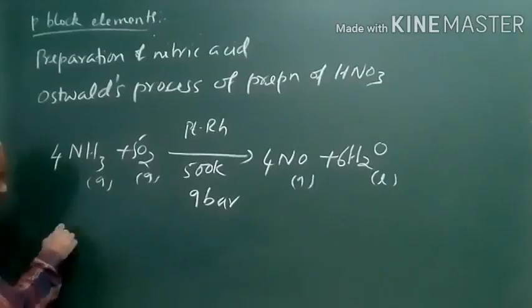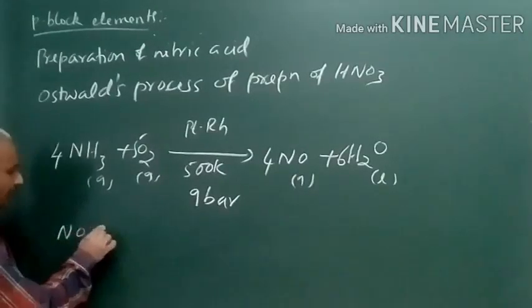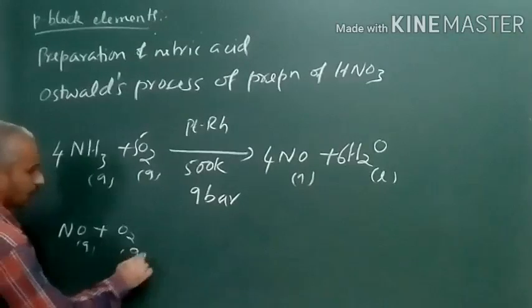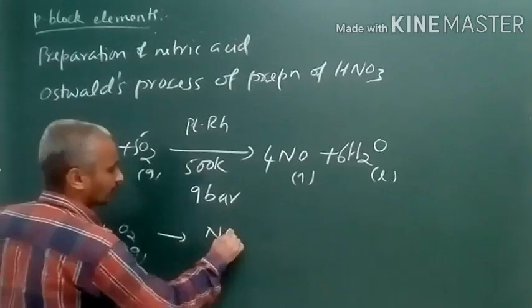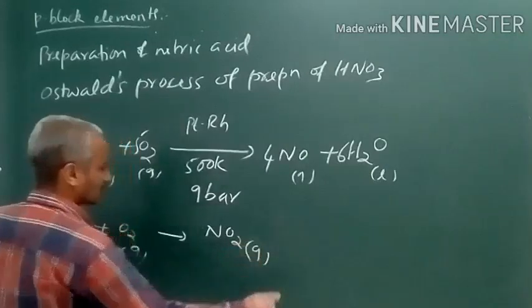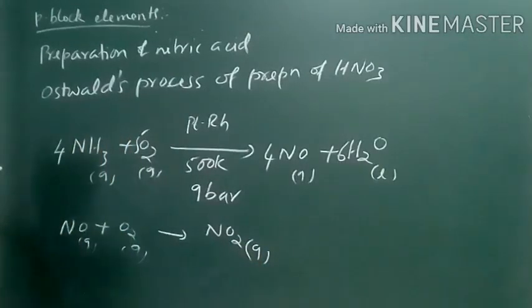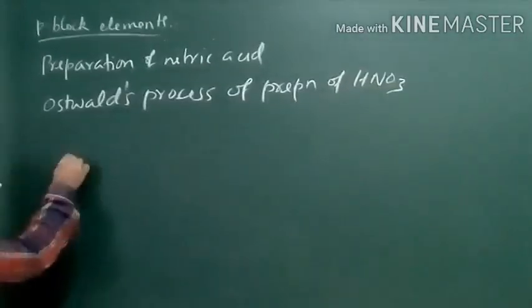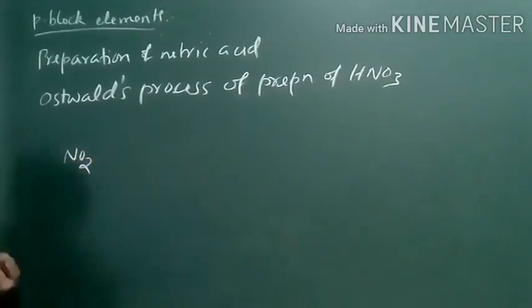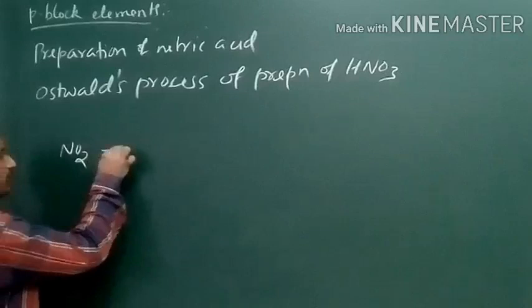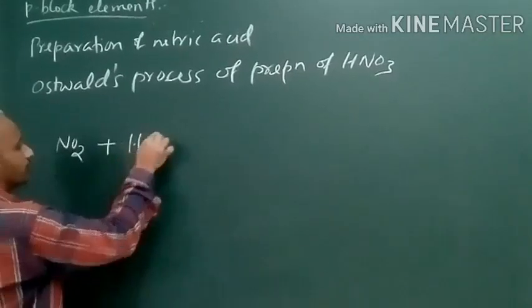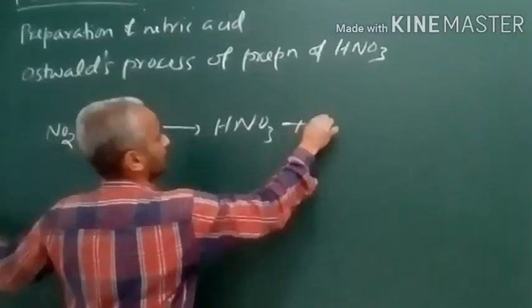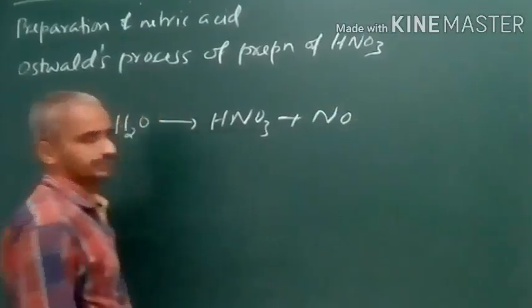Now this nitric oxide again combines with more oxygen and gives nitrogen dioxide gas. 2 NO2 is absorbed in water to give HNO3 and nitric oxide.